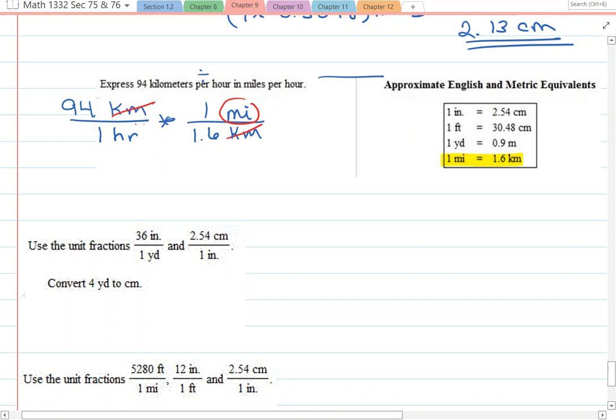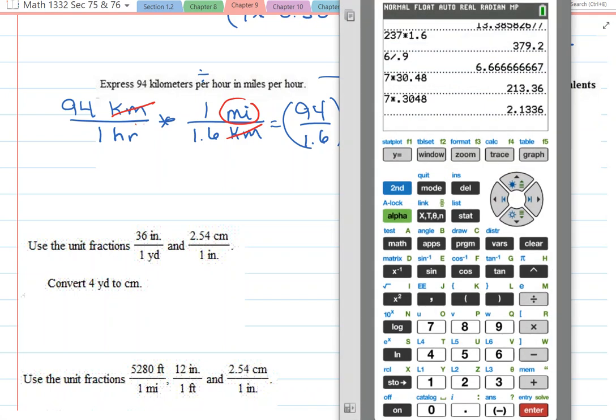It's miles per hour. So now what do I have? I have 94 over 1 6/10 miles per hour. Now I need the decimal value of that. So let's put that in there.